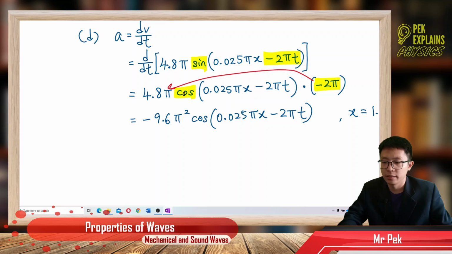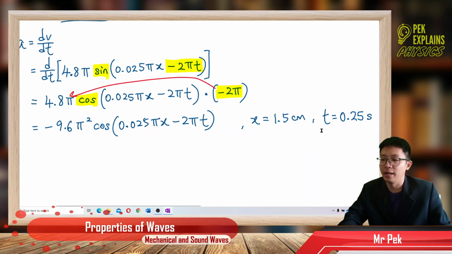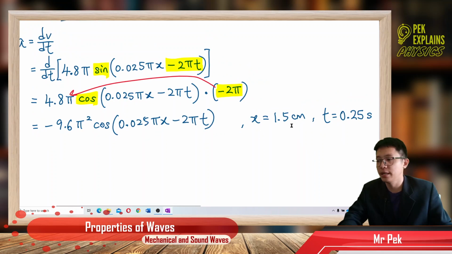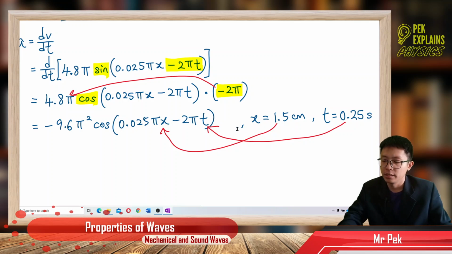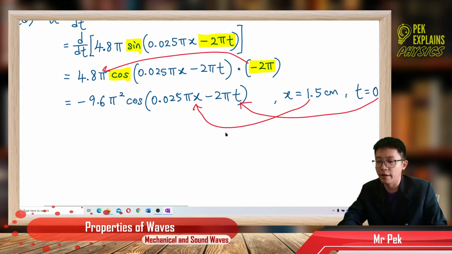And what do you get? Negative 2 pi times 4.8 pi, you get 9.6 pi square, and then the rest. Then you get this formula. Now you just substitute the x here, and the time also. Remember everything in radian.